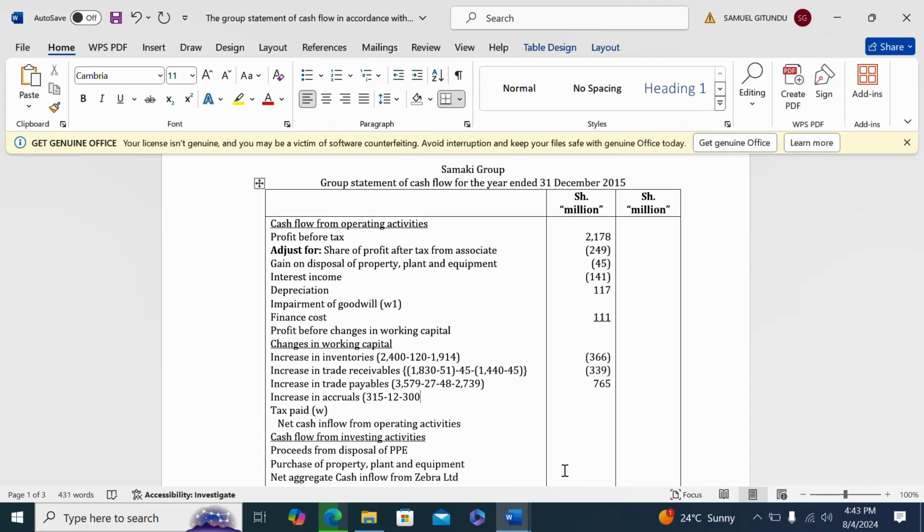If we do that, how much are we getting as our accruals? I'm getting 3, so that is a cash inflow of 3. Then we have the tax paid. Tax paid, we will need a working. So let us call it working 2. We will come to the working later.